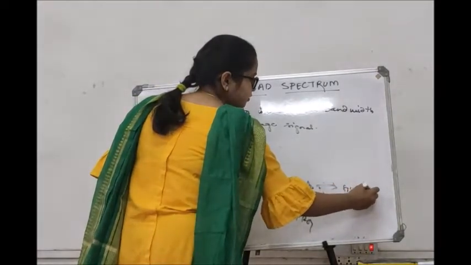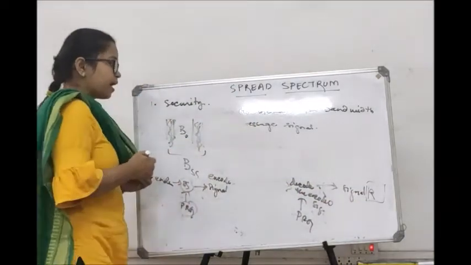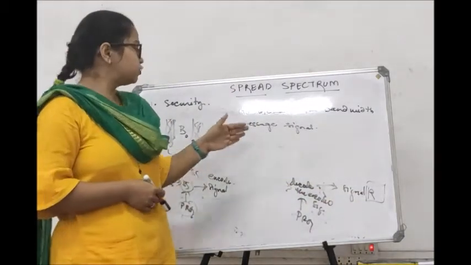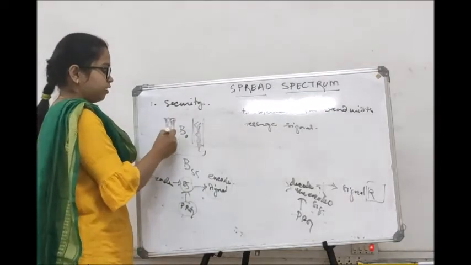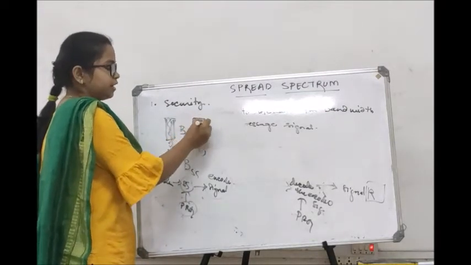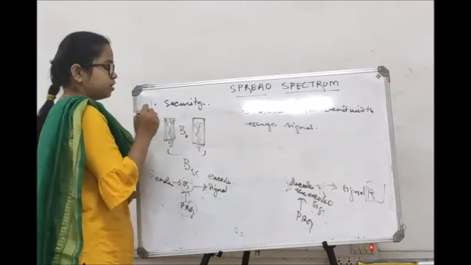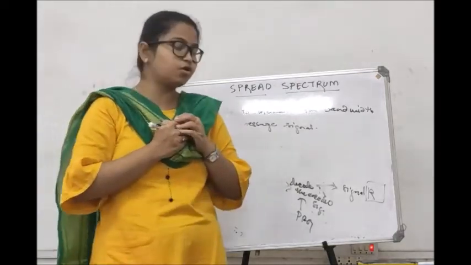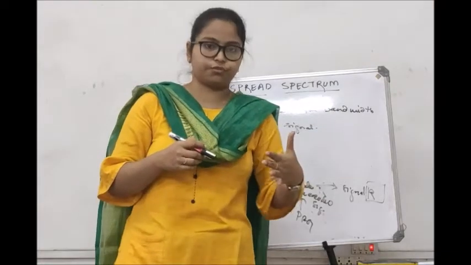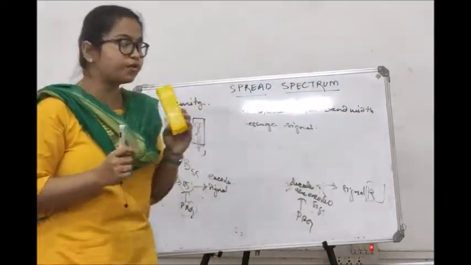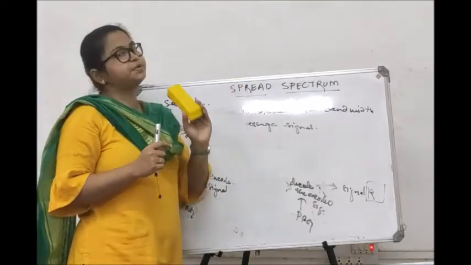This is the receiver side. So this is what usually happens through the pseudo-random generator. It acts as a protective layer. So that's why it is very much secure. Okay, so security is one reason why we use spread spectrum.